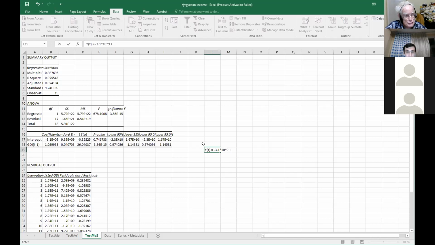And then the portion of the model that depends on the lag, 1.06 times the lag of GDI.